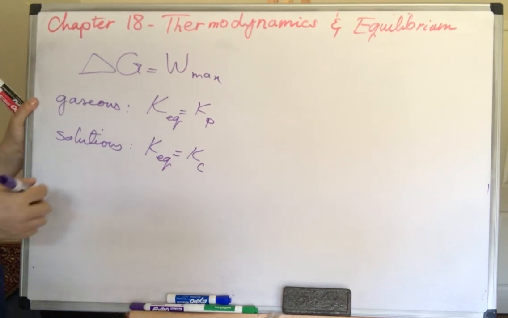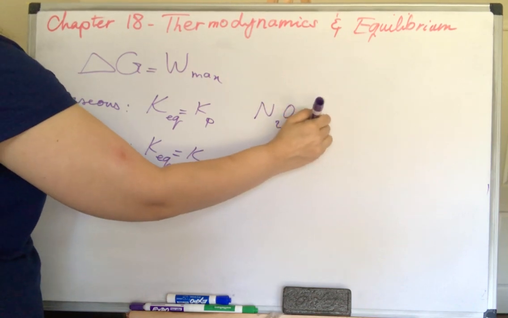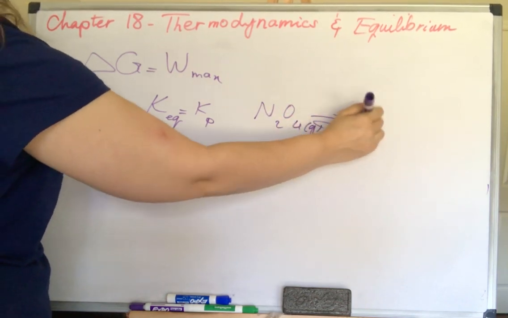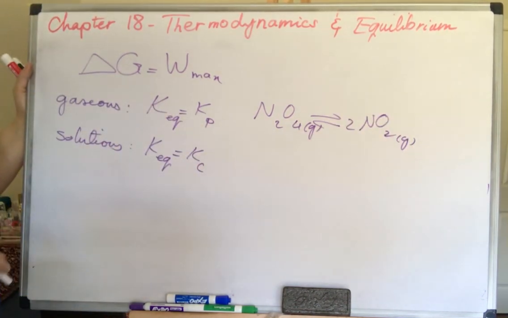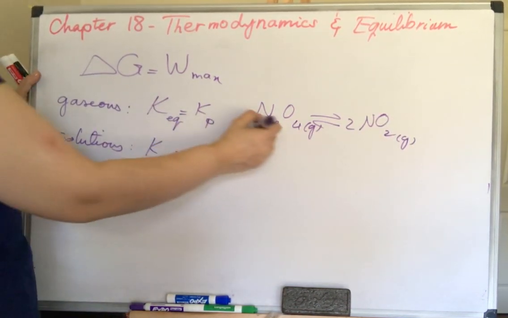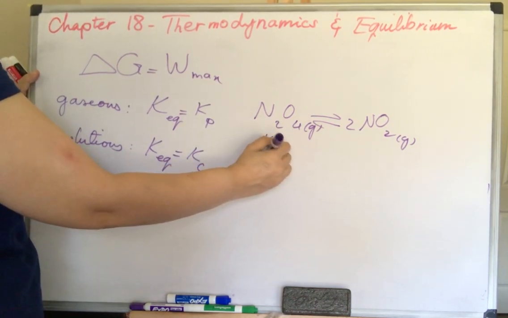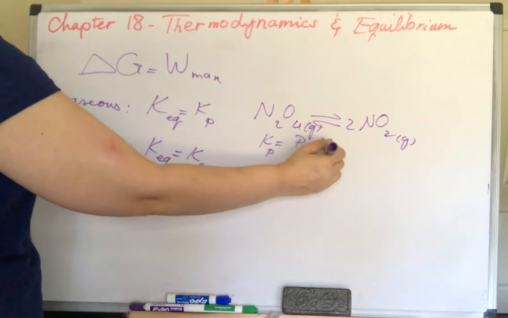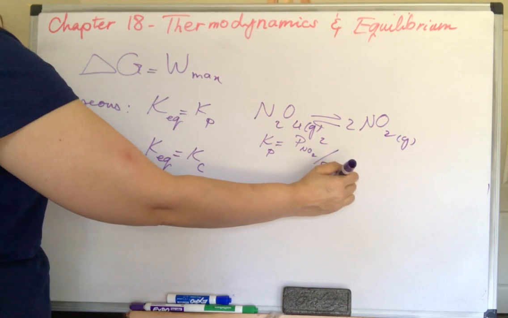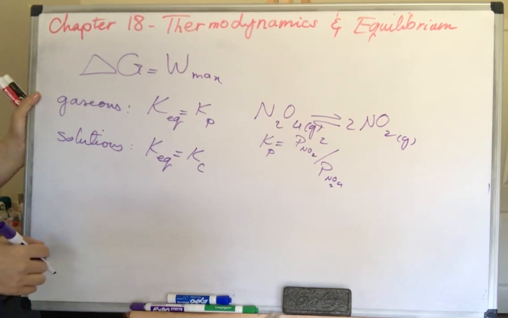For example, when you have N2O4 changes to 2NO2, then K for this is going to be Kp, right? Because both of them are gases. So it's pressure of NO2 squared divided by pressure of N2O4. You have all of these. I don't have to mention it again, but just a quick review.